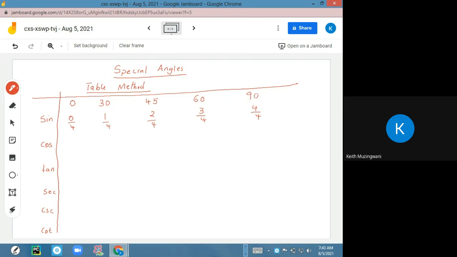Now, sine and cosine must do opposite of each other. So for cos, you start from 4, 3, 2, 1, 0. Divide by 4 throughout. And then get the square root for everything.